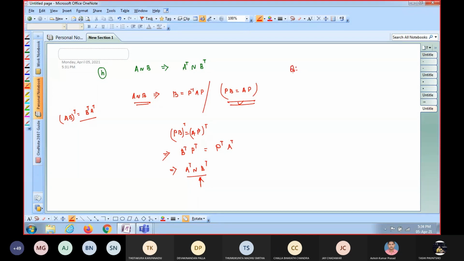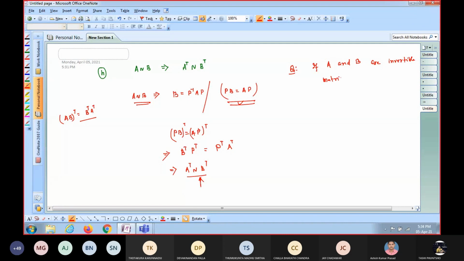My question is, if A and B are invertible matrices, right? A and B are invertible matrices. Then show that AB and BA are similar.